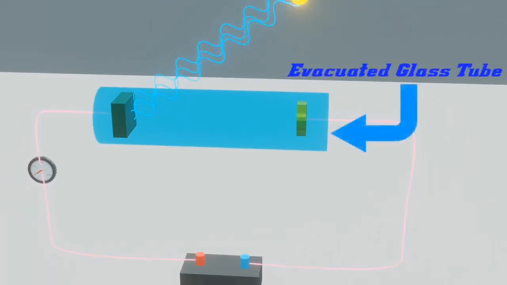But in our case, we have a cathode and an anode placed in an evacuated glass tube. That means there is nothing between the plates, there is vacuum. In order for the current to flow, there has to be a flow of electrons. Now let us see how the current flows through the circuit.